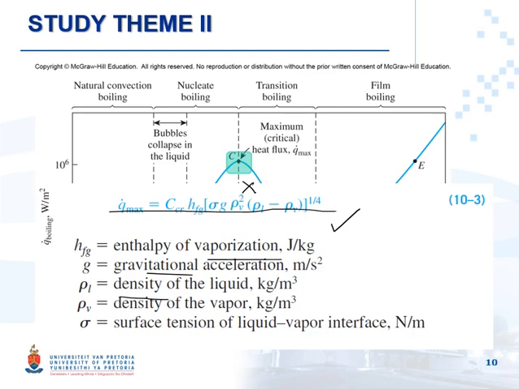We need to find the density of liquid from the table, density of vapor from the table, and after that the surface tension of the liquid-vapor interface from the table, and we will be set. But there is a constant here, CCR. This constant depends on heater geometry, and you can read it from table 10.4. Yeah, basically that's it.